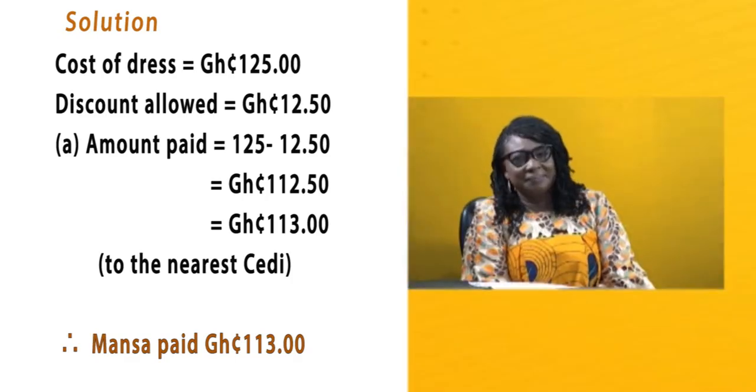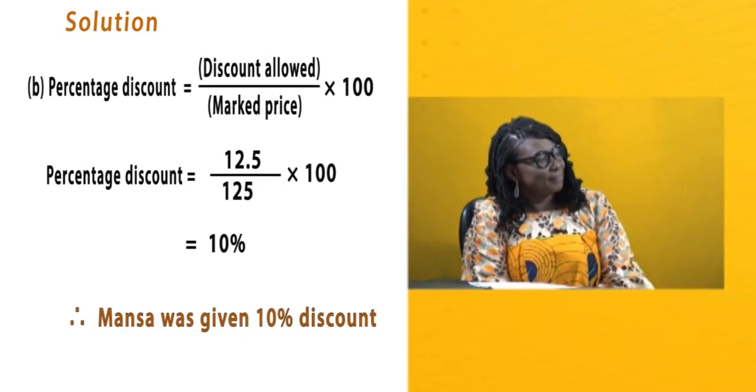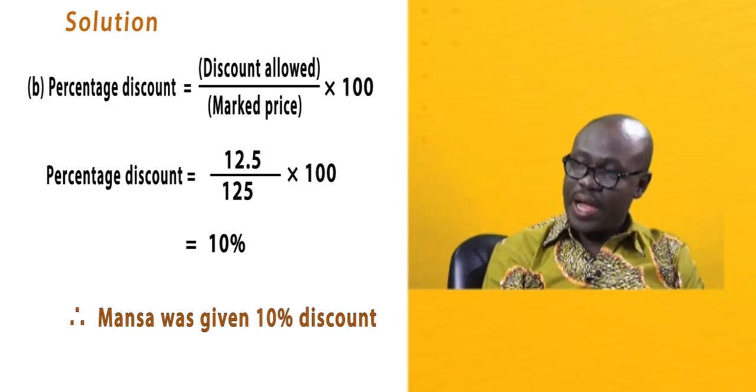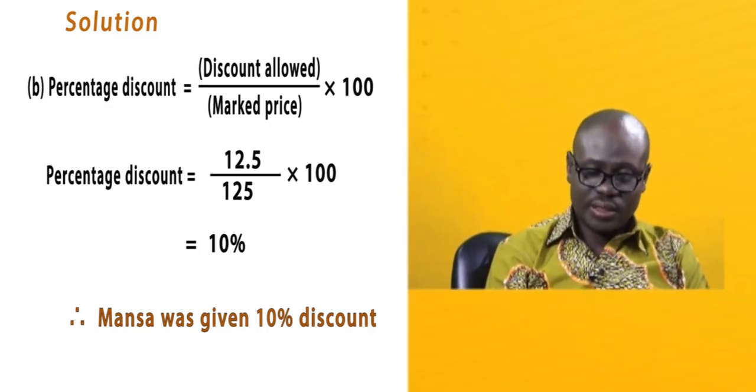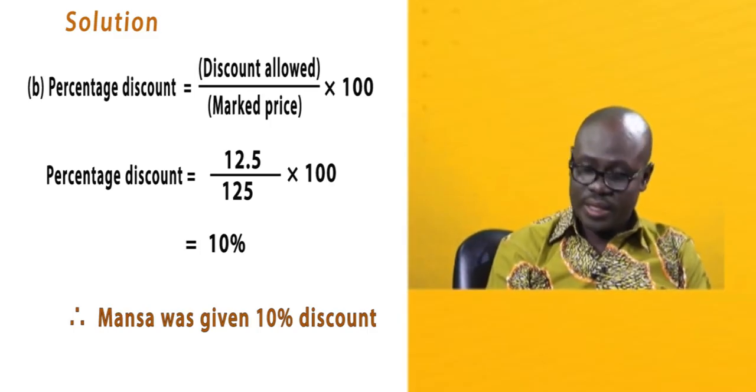Right, thank you. Now, the second part is asking us to find the percentage discount. And percentage discount is given by discount allowed divided by the marked price times 100. We need to quote the correct formula.